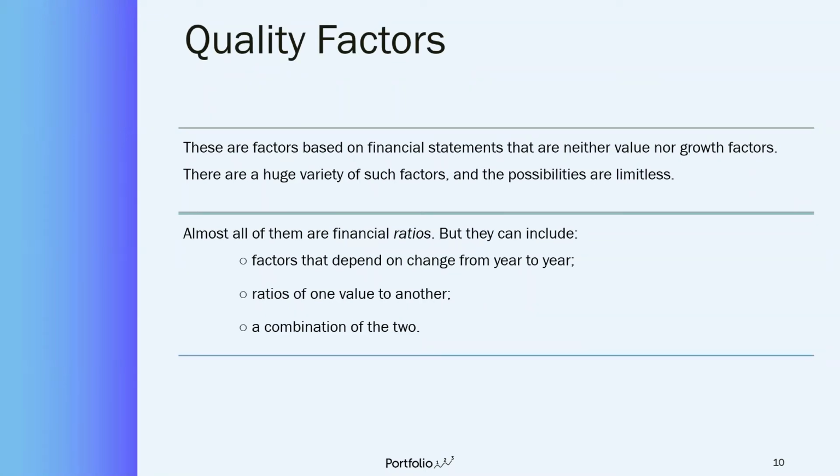Let's say you have back-tested growth and you find that companies with 20% growth deliver an 11% return, companies with 0 growth deliver a 5% return, and companies with 100% growth deliver a negative 2% return.